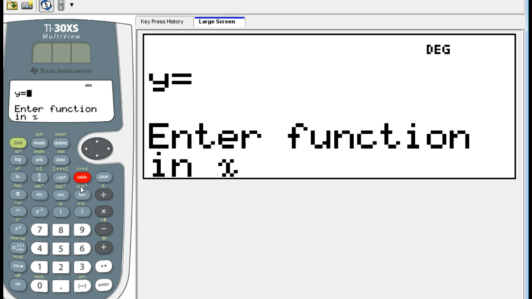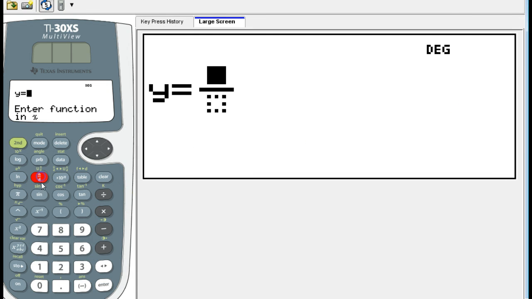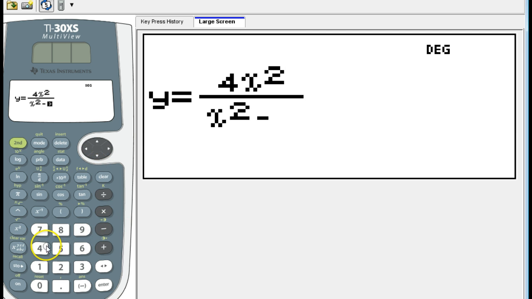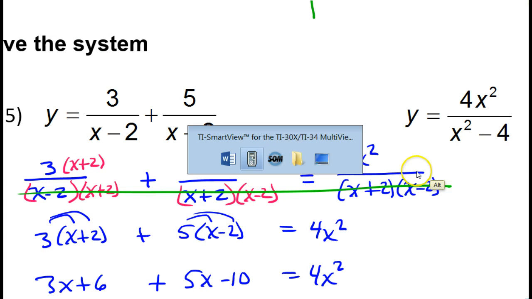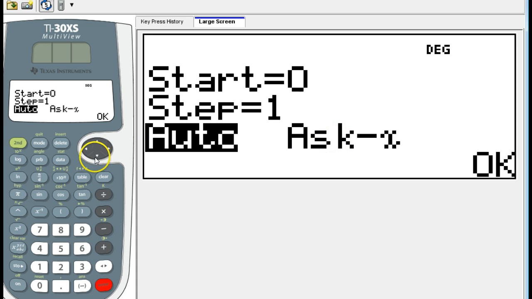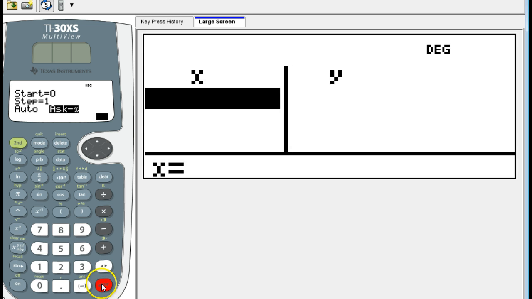So anyway, I hit the table feature and I've got 4x squared over, and I think it was x squared minus 4. Right. So there it is. Enter. Now I'm going to go into ask mode because that's what I like to do. I'm all about ask mode.